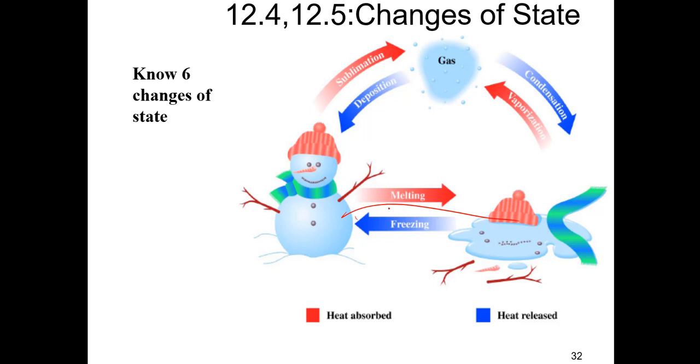And then the opposite way is freezing. Or you can do gas to liquid. That's condensation. Now, there's some exotic changes of state. Sublimation, that's when you go directly from a solid to gas. So if you've ever messed around with dry ice, it goes immediately from a solid to a gas.